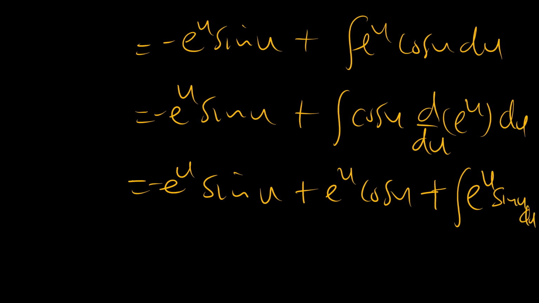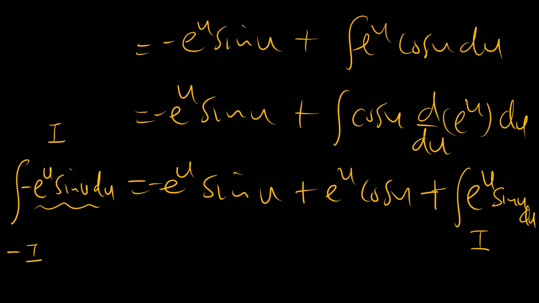Since our initial integral was e to the power u sine u du, we see this part is I, and so we have negative I here.